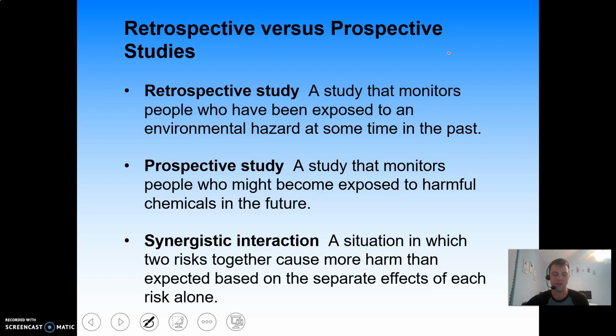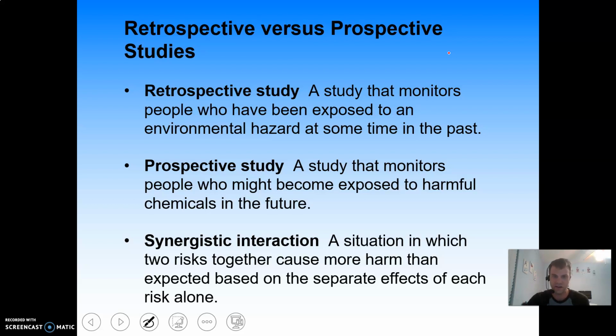Scientists will study those people to see if being in that area or being exposed to things in that area is affecting them. And so that's a prospective study, looking at, they haven't been exposed yet. They will know that there are inherent risks there, and that scientists are going to be looking at them. They don't put them there or anything like that. They just want to see, is living in this area harmful?